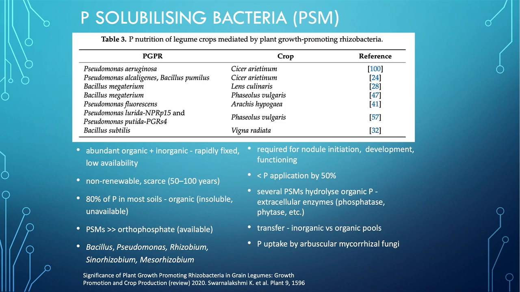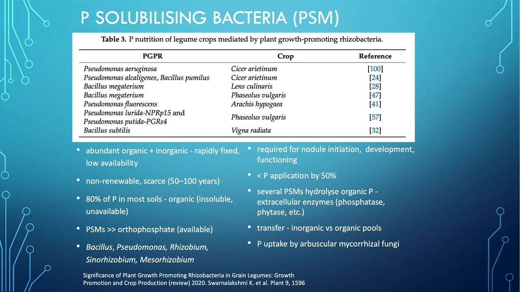There are several phosphate solubilizing microbes. The reason why we say microbes is because it's not just bacteria that can do this, also fungi can solubilize phosphate. But these hydrolyze organic phosphate through extracellular enzymes such as phosphatases and phytases, and they transfer phosphate between the inorganic and organic pools.